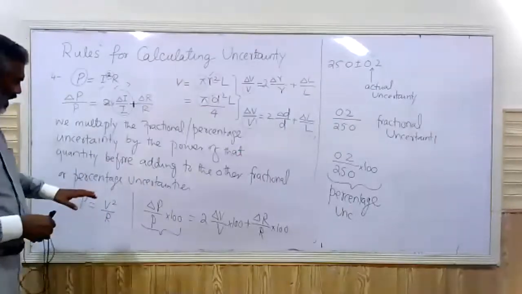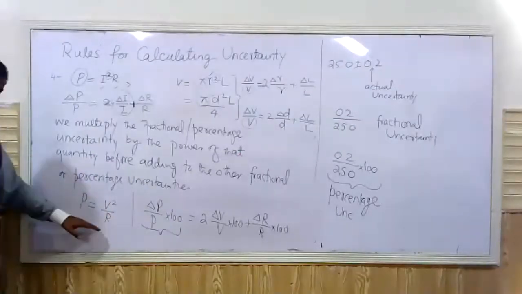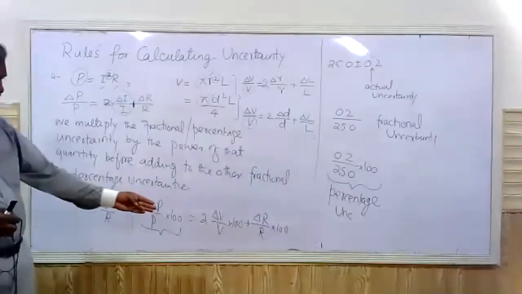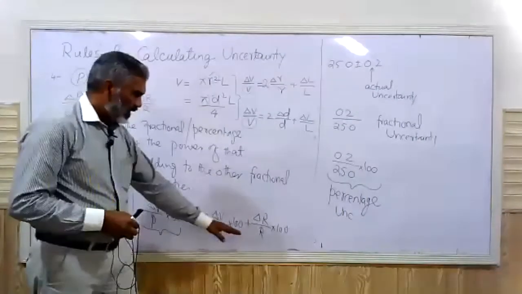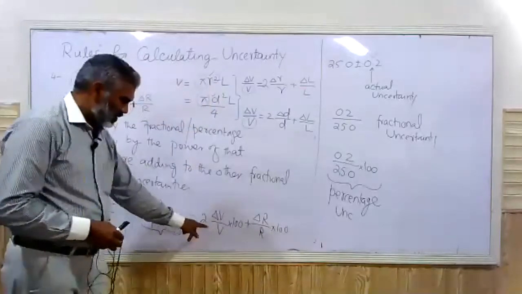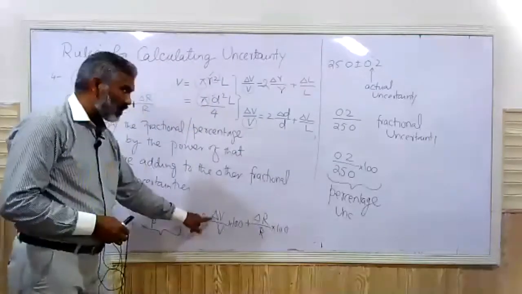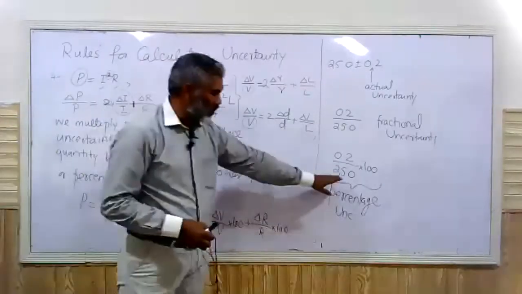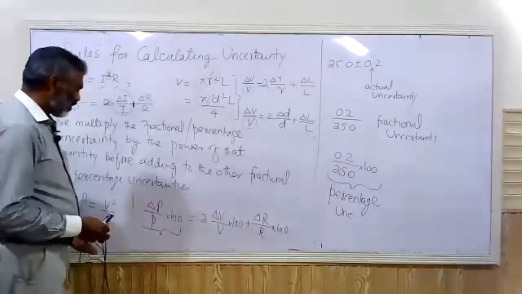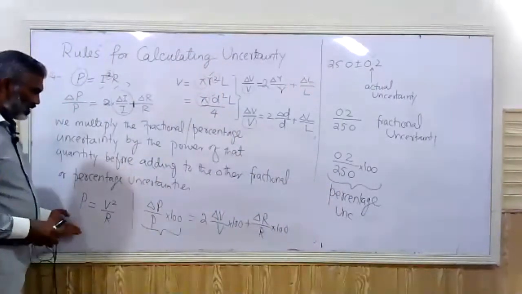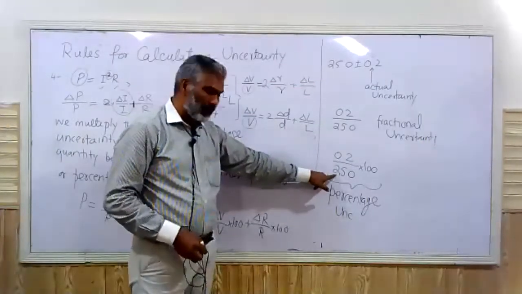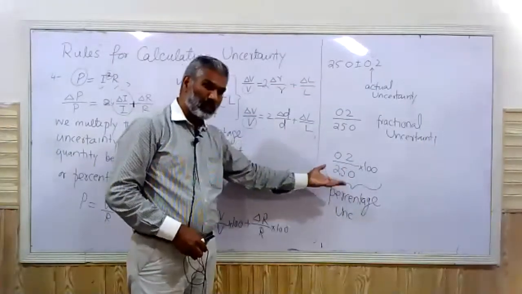So if the value of voltage and resistance are given, we simply calculate their percentage uncertainties first. This is how we calculate it. For example, if percentage uncertainty of the voltage is to be calculated, we quickly write the uncertainty in voltage divided by the measured value of voltage, which could be 5 or 6 or 7.